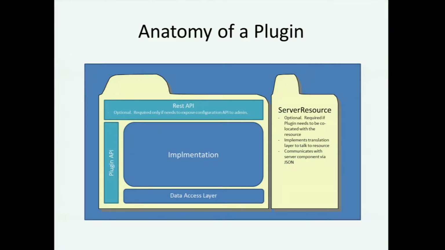One set will go into CloudStack to help run the business logic. One set will go into a resource that may run co-located with the hardware, because as Sherry mentioned, CloudStack clearly defines what is the control path and what is the data path.